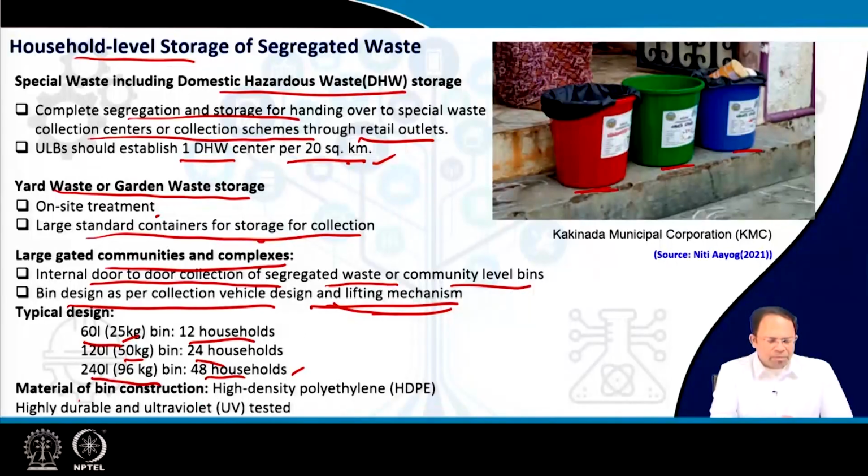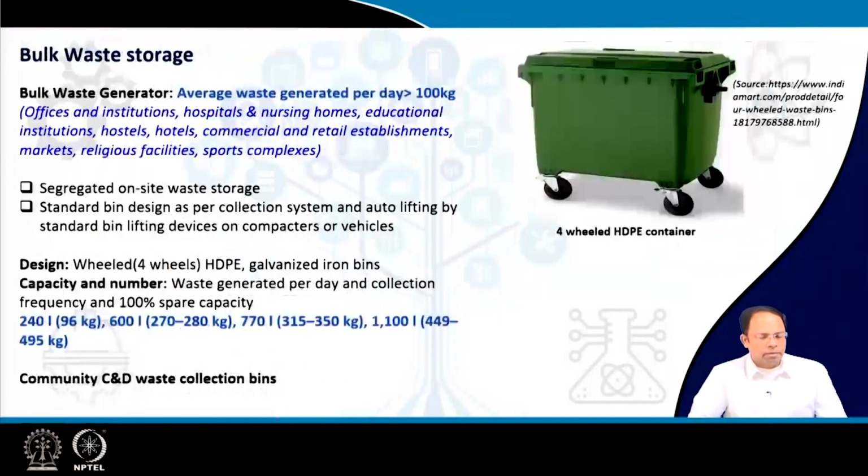Usually these bins are made of high density polyethylene, HDPE, in such a manner that they are durable, and they are also UV tested, so that they prevent infection and so on. As you can see, this is a 4-wheeled HDPE container.